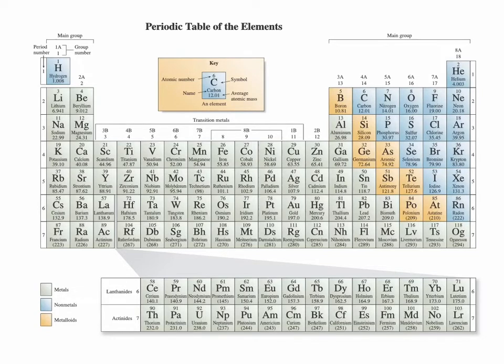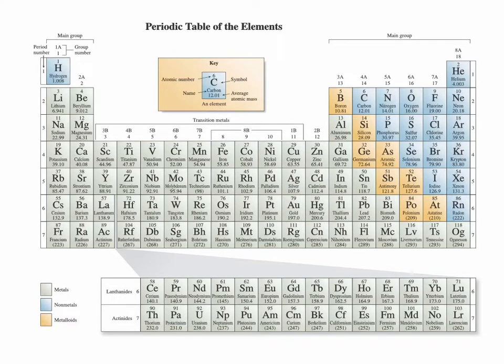Now let's talk about some other ways that the periodic table is organized. Like I mentioned, the groups have some designated names. So you have the alkali metals here, the alkaline earth metals here, and then over in group 7 or 17 you have the halogens, and then 8 or 18 is the noble gases. There are also 2 main regions of the periodic table that we need to keep in mind.